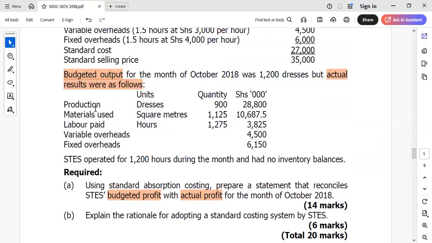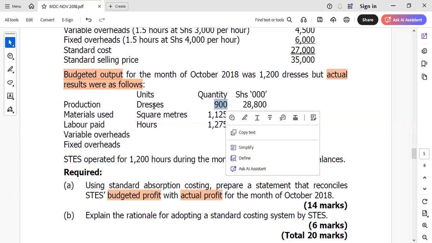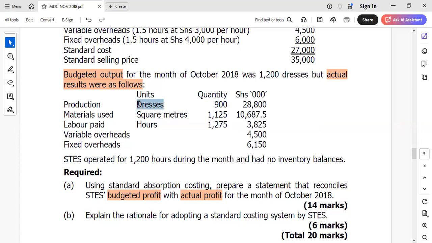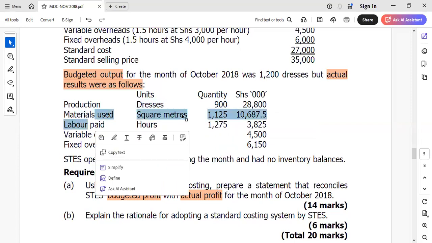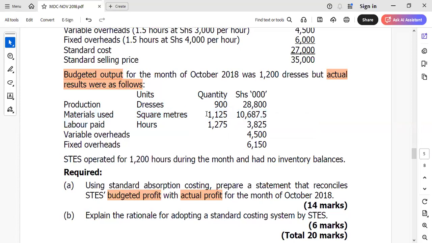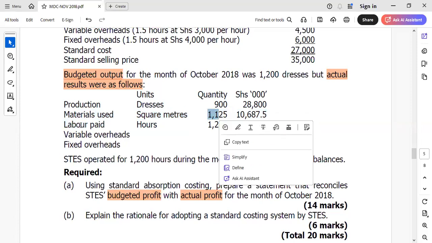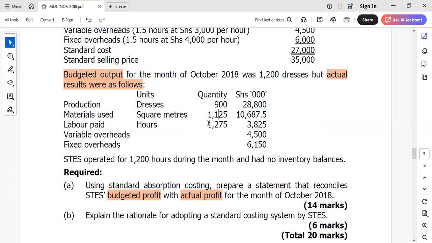You have the production. The company manages to produce 900 dresses. And these are the materials they used. The labor, this was the labor hours used.